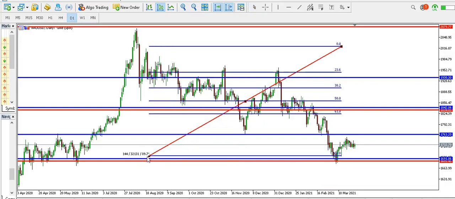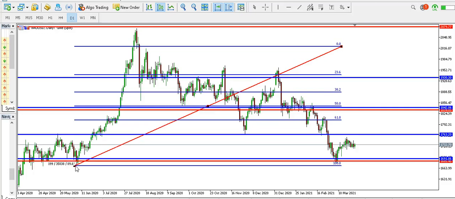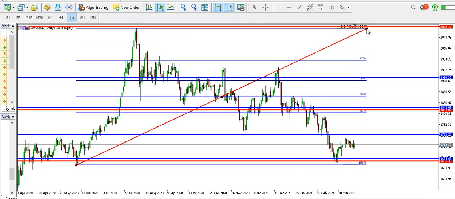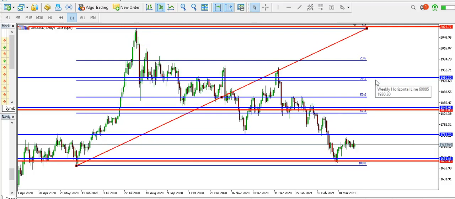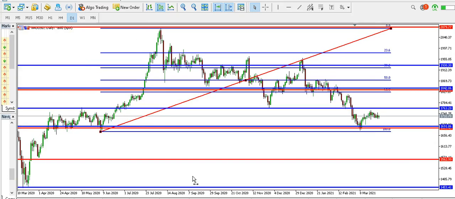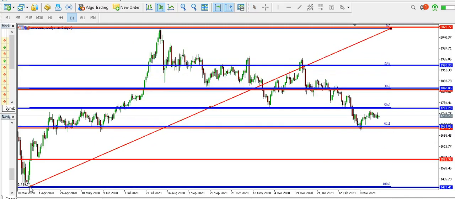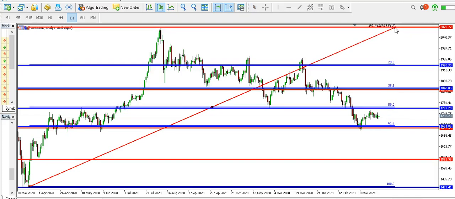On the daily time frame, I'm going to mark the levels with green horizontal lines.